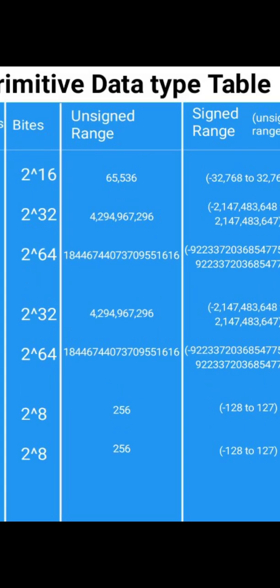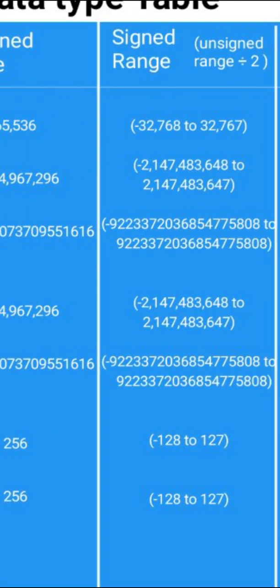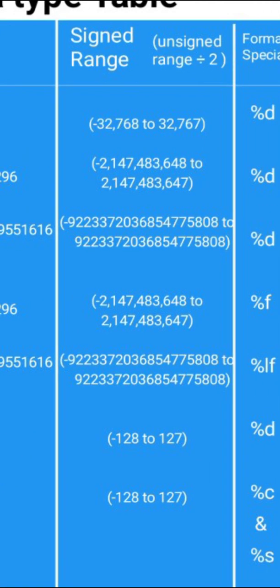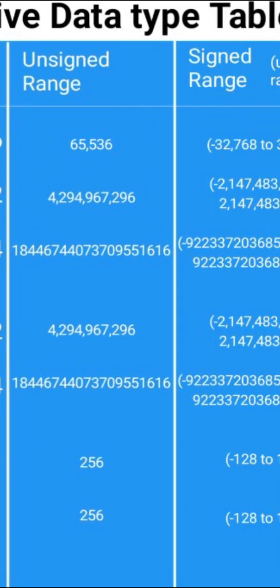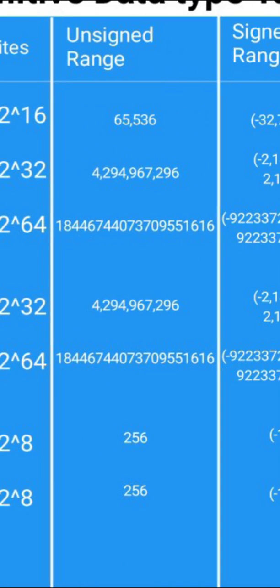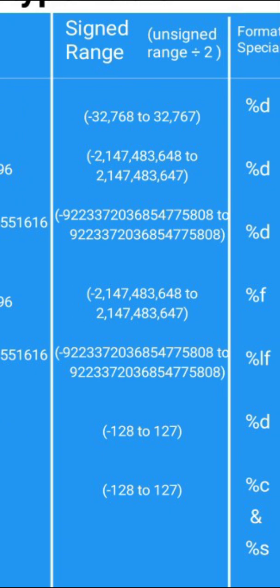Can int store this? Now are we dealing with negative numbers or positive numbers? Positive. So we're only concerned with the positive part. The maximum or largest number int can store is, you can see, more than 2 billion.